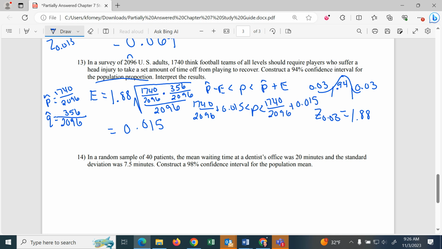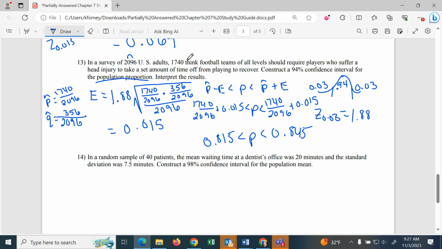And we find our confidence interval. So that means the probability should be between 81.5% and 84.5%. 94% confidence interval. That's the percent that do think.